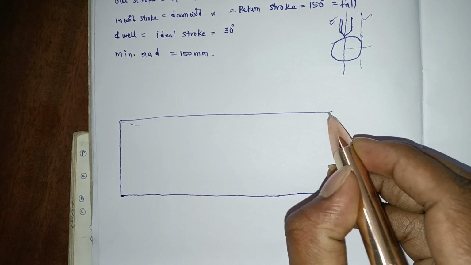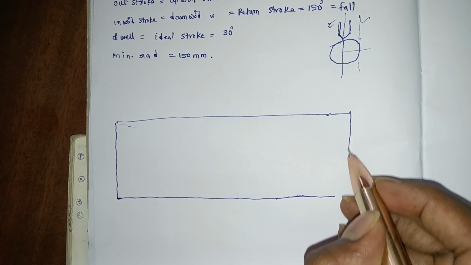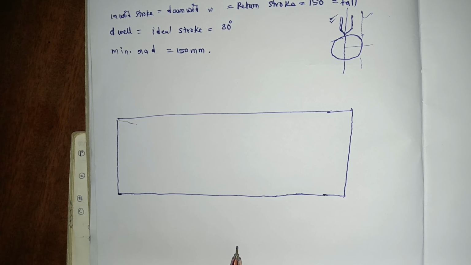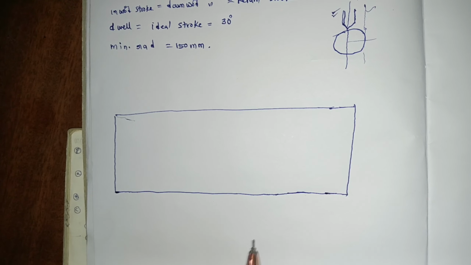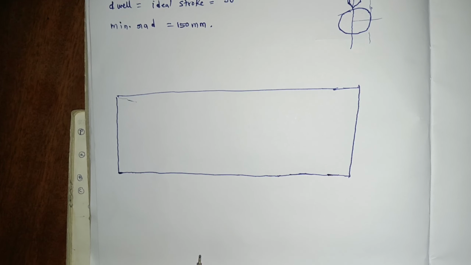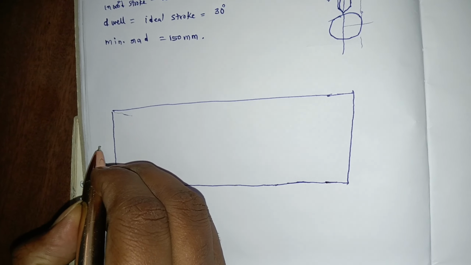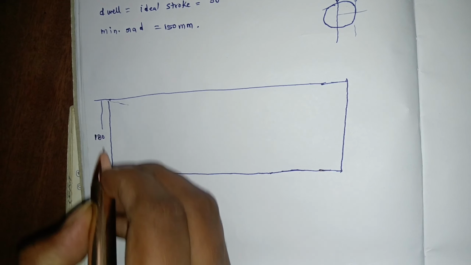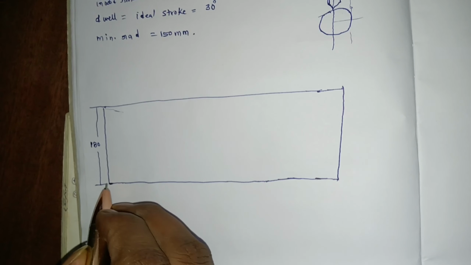You have to convert that angle into linear distance, that is in centimeters or mm. For that you have to take some scale. As I told earlier, this is 180 mm, given in the problem. This is the stroke.